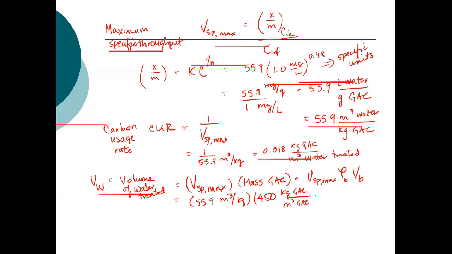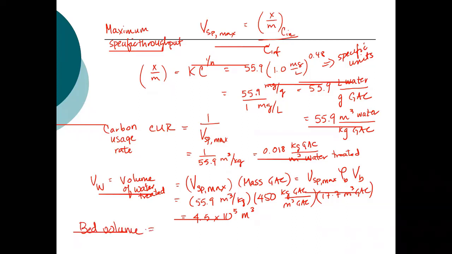This is GAC times the volume, and that is 4.5 times 10 to the 5 meters cubed. So the maximum volume that we could treat through this column would be 4.5 times 10 to the 5 cubic meters. And the last thing is the bed life.